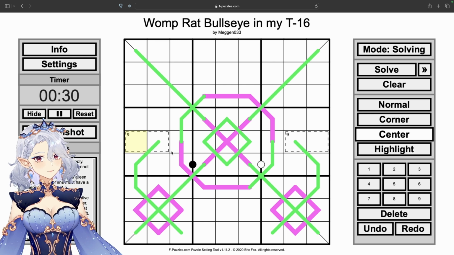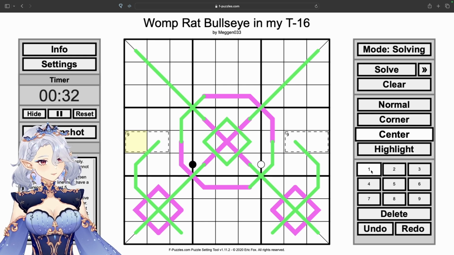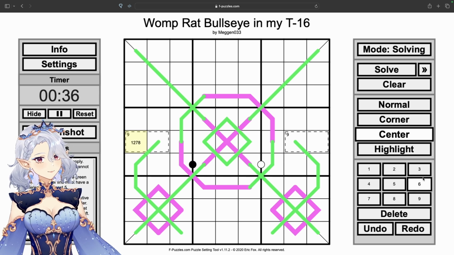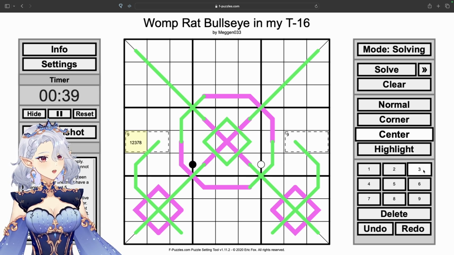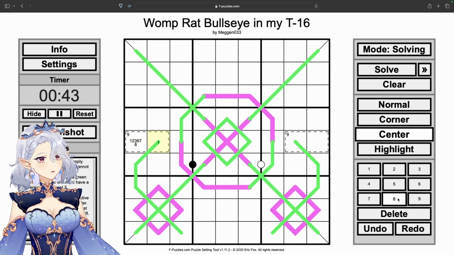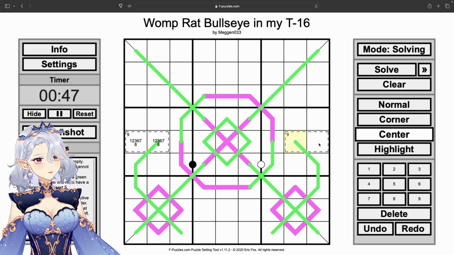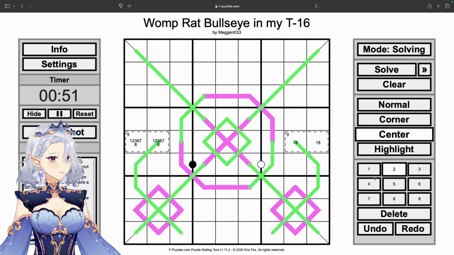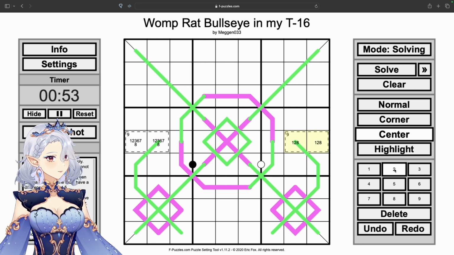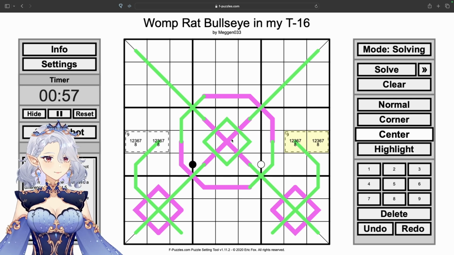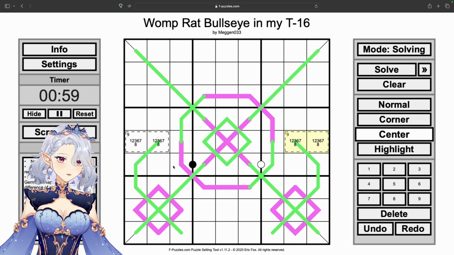For the 9 here, I'll write down that it could be a 1-8 pair, a 2-7 pair, or a 3-6 pair, and the same for these two. These could be the combinations that we have here.